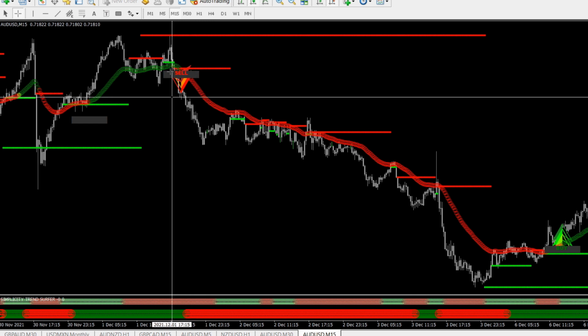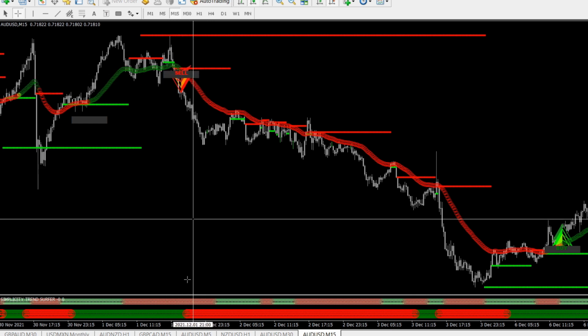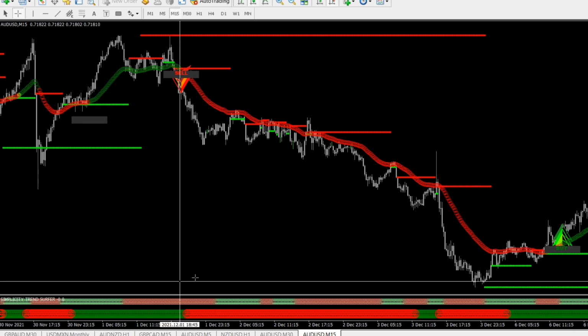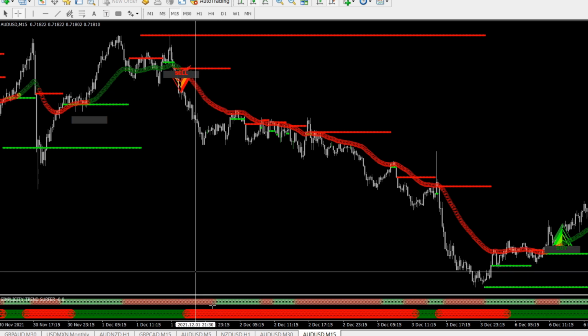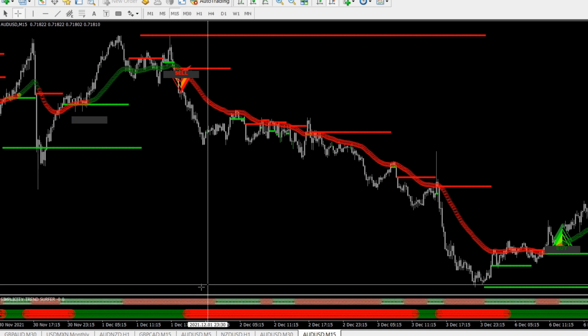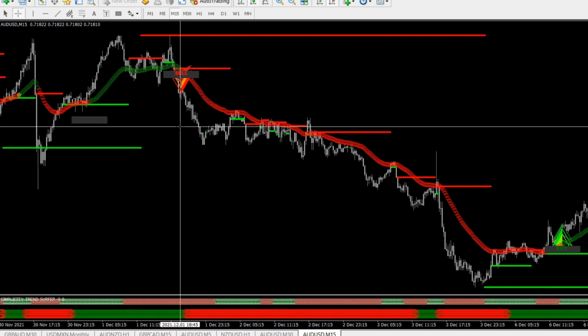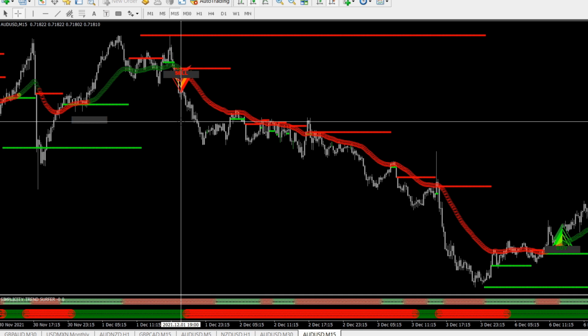As you can see, we have a sell indicator, we have a red trend line, we have red smiley faces, and we have more smiley faces, the upper and the lower smiley faces. In order to take a sell trade, you can place a trade aggressively or conservatively.